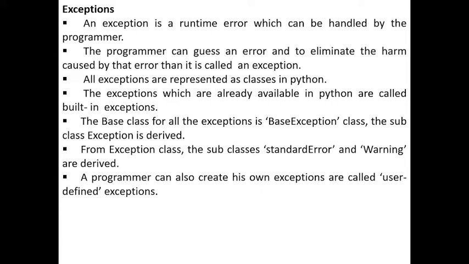The programmer can guess an error and eliminate the harm caused by the error, that is an exception. All exceptions are represented as classes in Python. The exceptions which are already available in Python are called built-in exceptions.